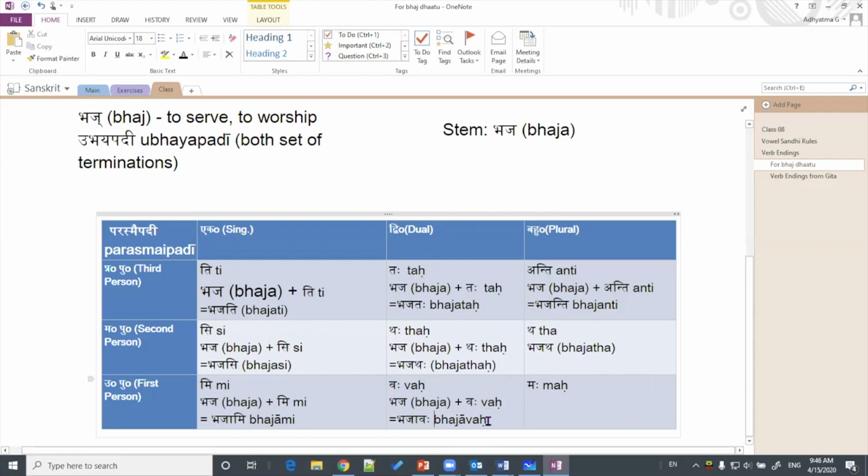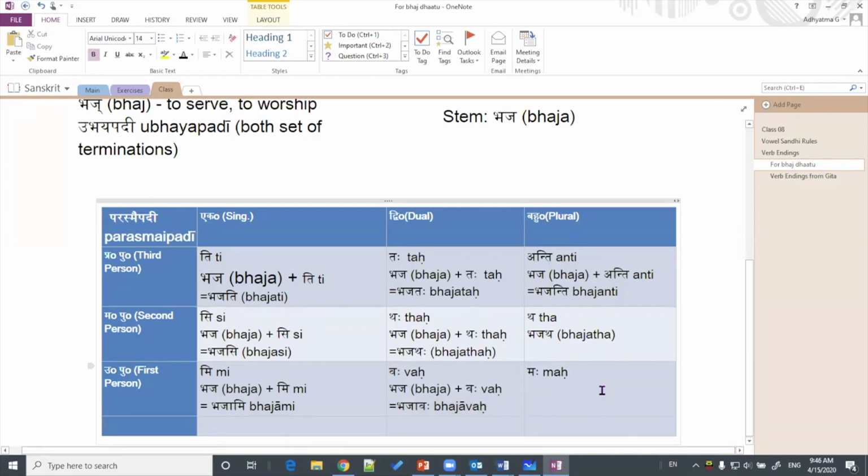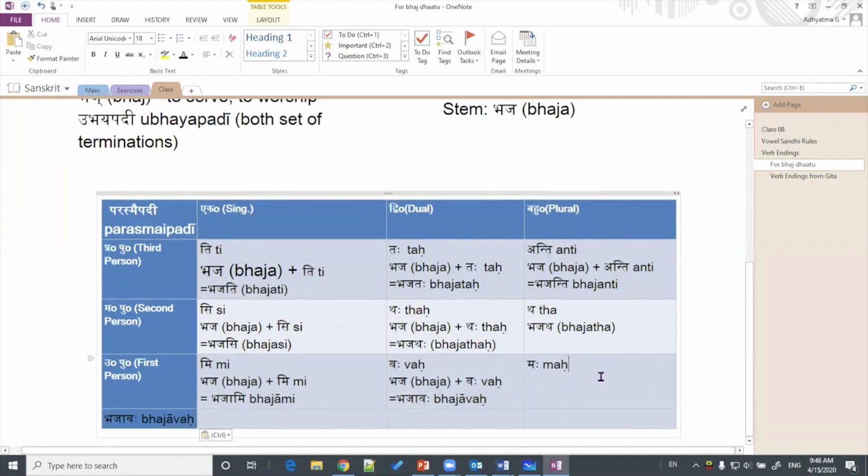And here the same way it would become bhajāmaha. I'm just doing the copy and paste. It's a little faster. Bhajāmaha.